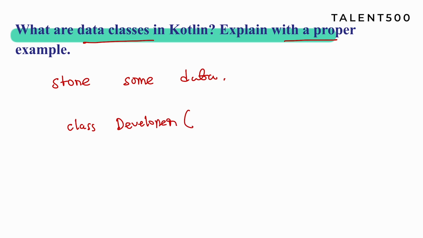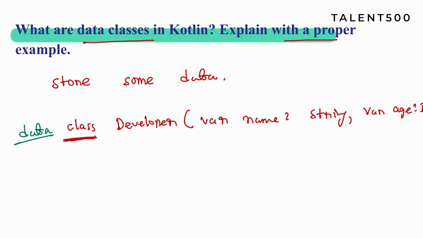And here we can give the name and details of the developer: name of type string, and then age of the developer, which will be of type int, something like this. So class is the keyword here. I want a data class, so I will put the keyword data here. That's it. That's all you have to do.